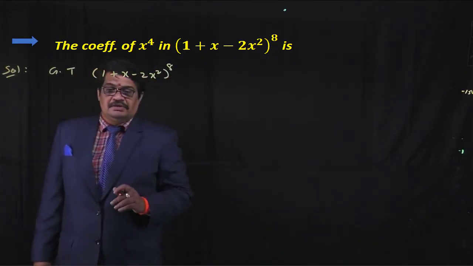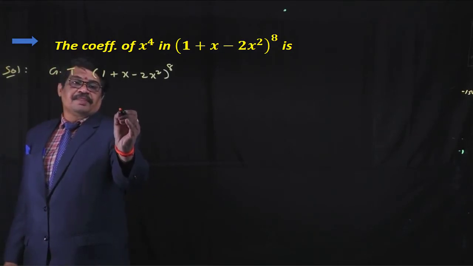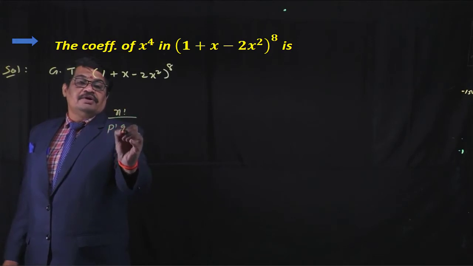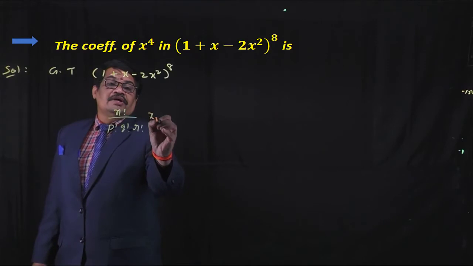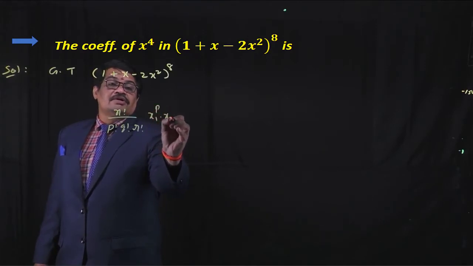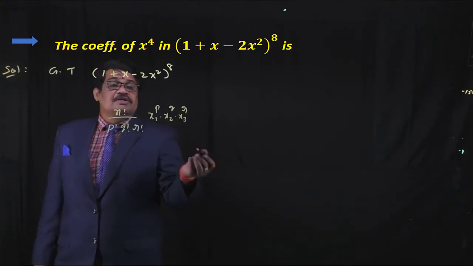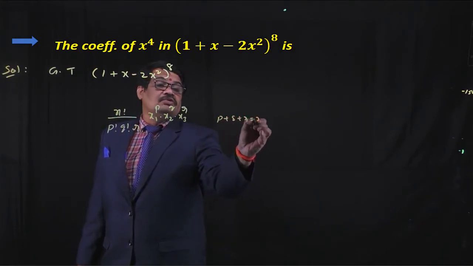So the general term for this expansion is n factorial by p factorial into q factorial into r factorial, into x1 to the power of p, x2 to the power of q and x3 to the power of r, where p plus q plus r is equal to n.